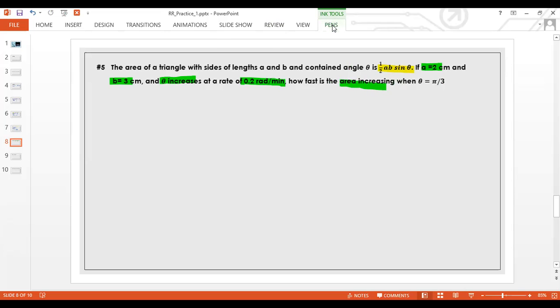All right. Now let's try, like we did before, to write it down. What are we looking for? A is equal to 2, B equal to 3. Those are the constants. Then they say theta increases at the rate of 0.2 radians per minute. So this is d theta/dt is 0.2, right?